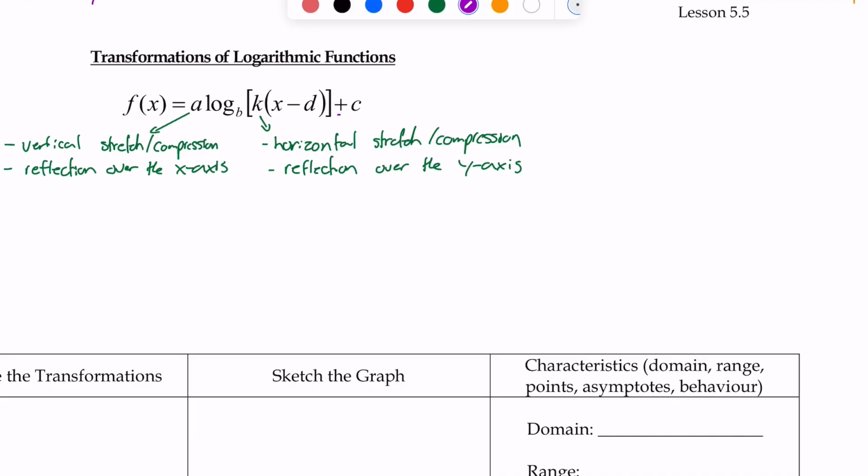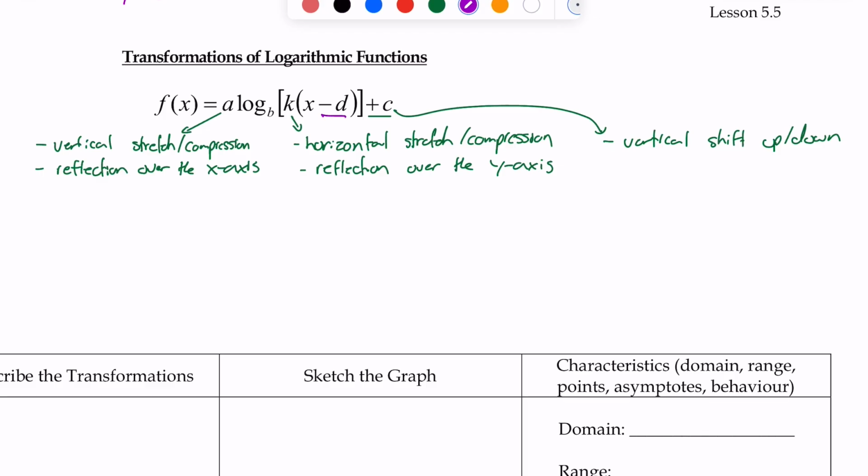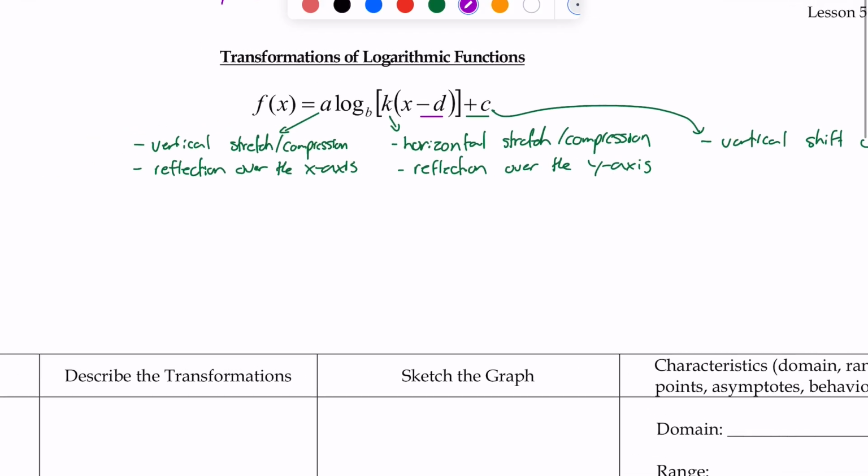Now, the C value. Actually, you know what? I'm going to do that one in green too because I want to highlight the D value. So C is going to be your vertical shift, up, down. And then D. So let me talk about D for a second.